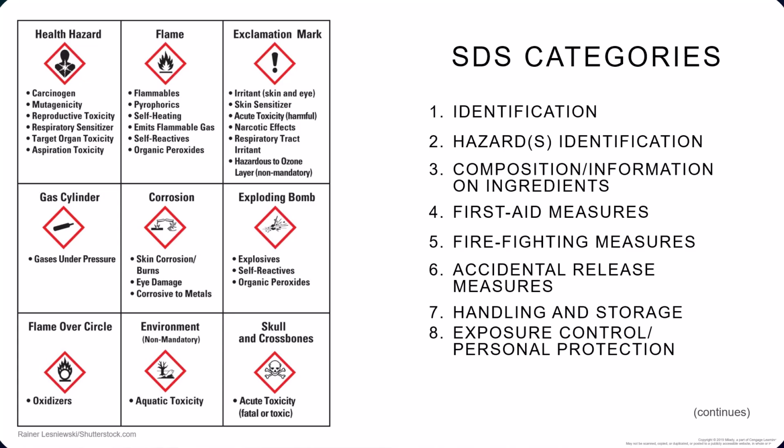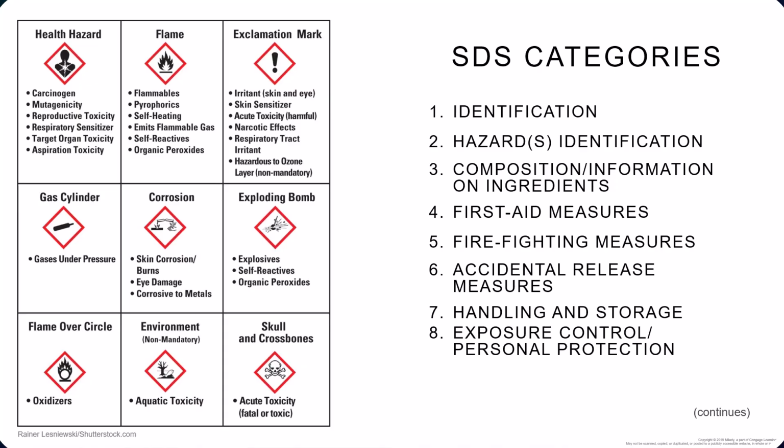Firefighting measures lists suitable and unsuitable, technically, fire extinguishers and any chemical hazards associated with a fire, and recommended protective equipment or precautions. Accidental release measures provides instructions for proper cleanup of a spill, protective equipment needed, and emergency measures to follow.